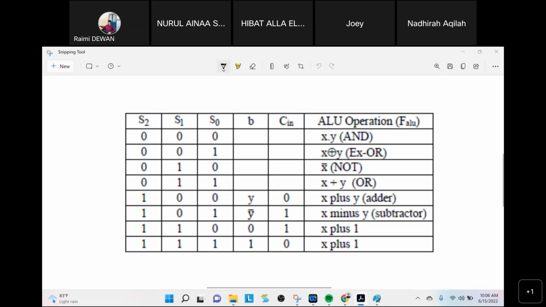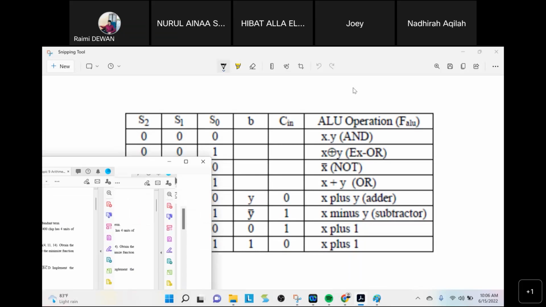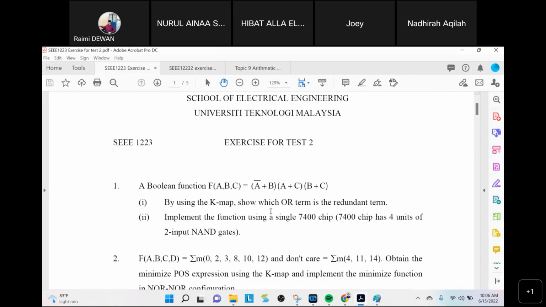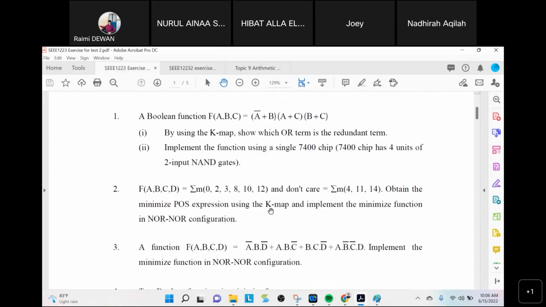Okay, so now we go to the next one. A Boolean function. This one, number one, you keep seeing POS and SOP.